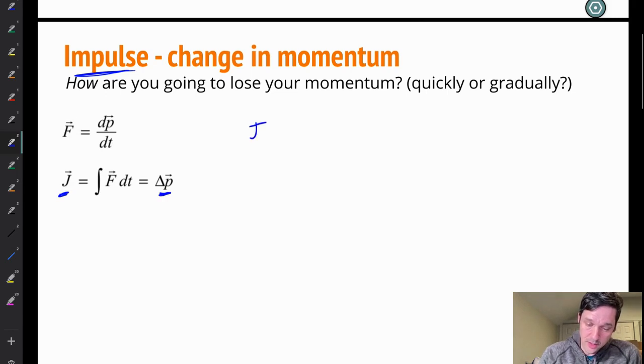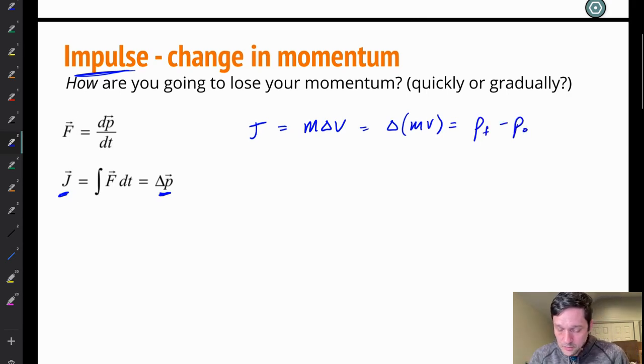Specifically, we could indicate it as the mass times the change in velocity, or as the change in mass times velocity, or as momentum final minus momentum original. Any of those work. They're all equally valid.